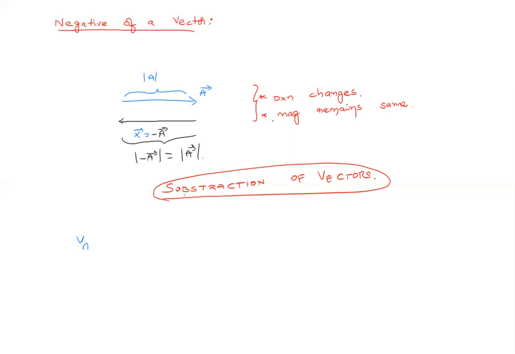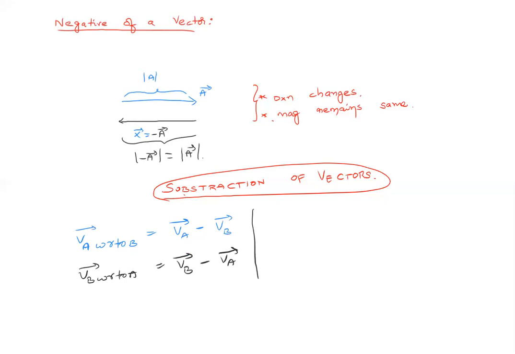So what do I mean by this? If I am using velocity of A with respect to B, what I actually mean is VA bar minus VB bar. And similarly, if I use velocity of B with respect to A, then it is VB minus VA.